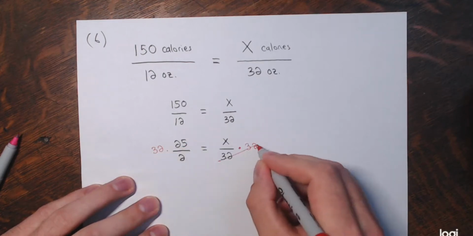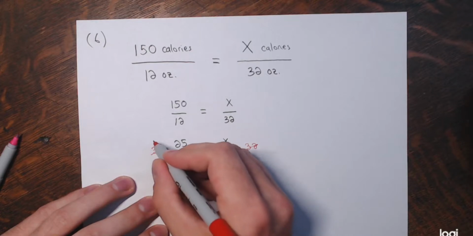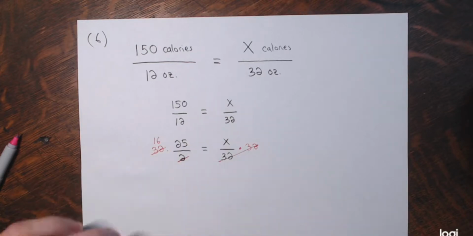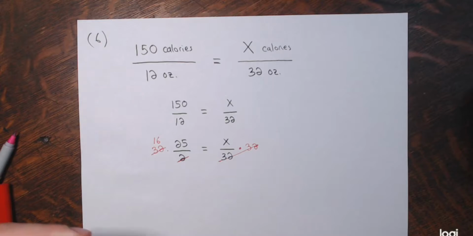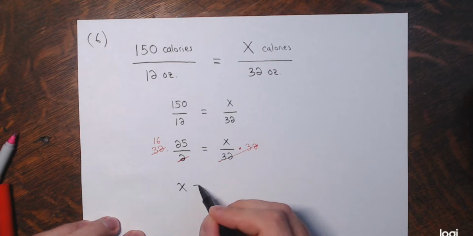And the 32's cancel over here. 2 goes into 32 16 times, and 16 times 25 is 400. Every 4 would be 100. 16 is 4 times 4. So x equals 400.